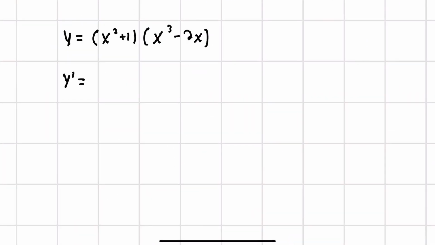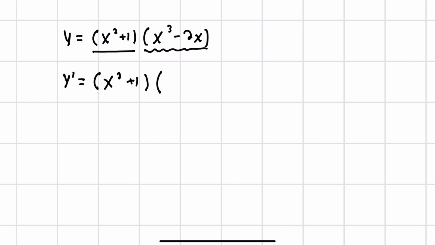In our next example, we have x squared plus 1 times x cubed minus 2x. So for this example, to find the derivative, we would have to use the product rule. So remember, it is x squared plus 1 times the derivative of x cubed minus 2x.